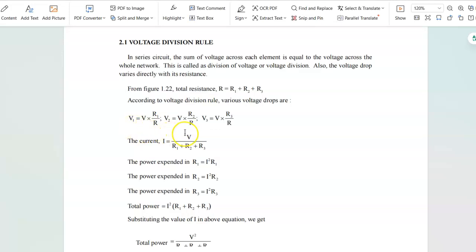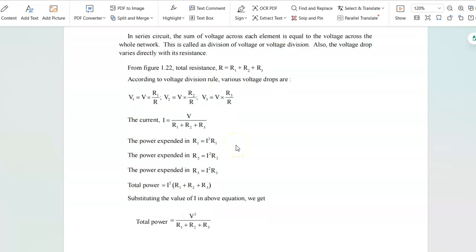Similarly, if we want to calculate voltage drop across R2, the formula will be V2 is equal to V into R2 by R. So the voltage across a resistance is equal to the total voltage of the whole network multiplied by the respective resistance divided by the total resistance of the network. So this is called voltage division rule.